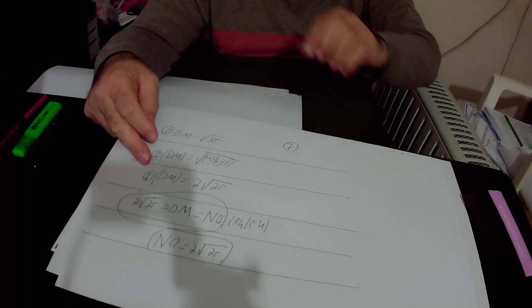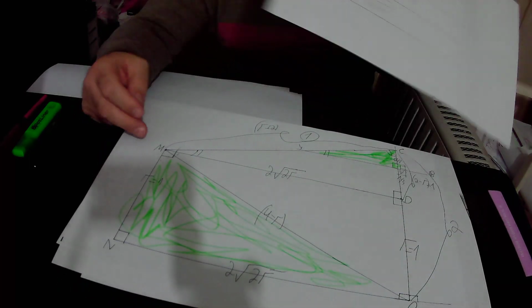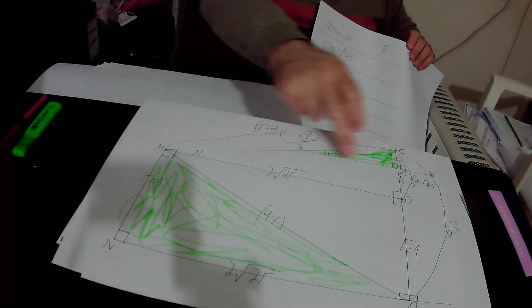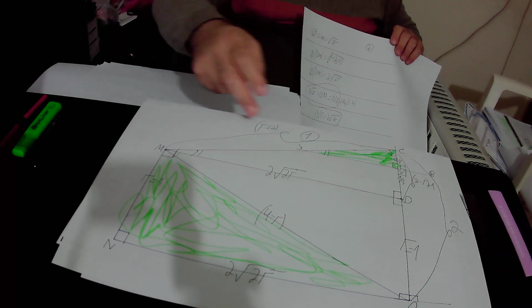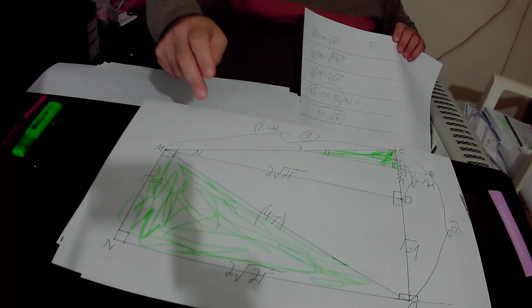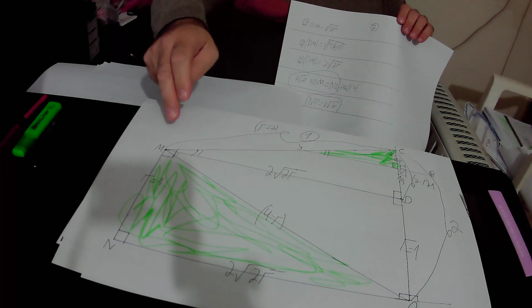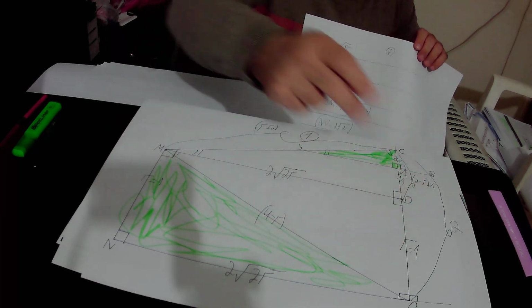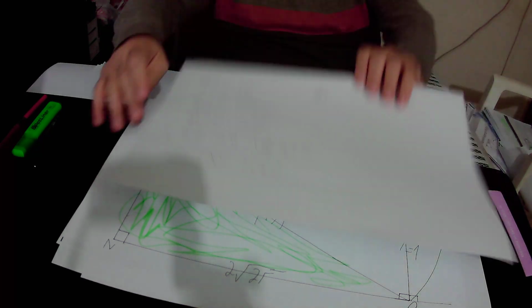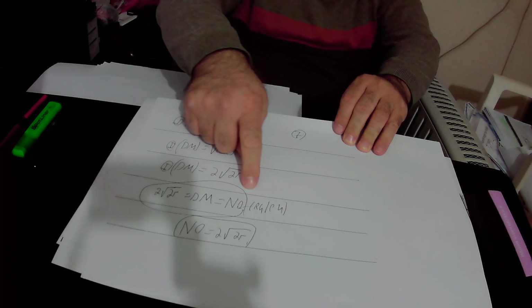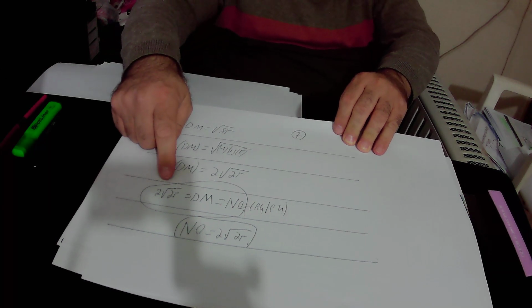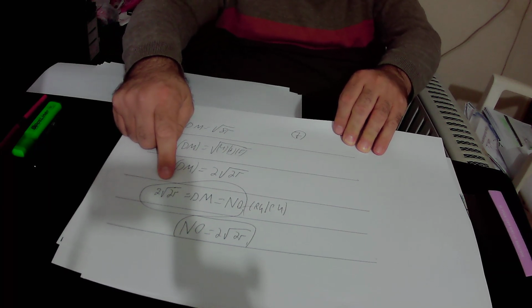Okay, we found out that DM equals 2 times the square root of 2R, but according to rule number 4, that the opposite sides of a rectangle are equal to each other, MD equals NO. But we already found out that MD equals 2 times the square root of 2R.